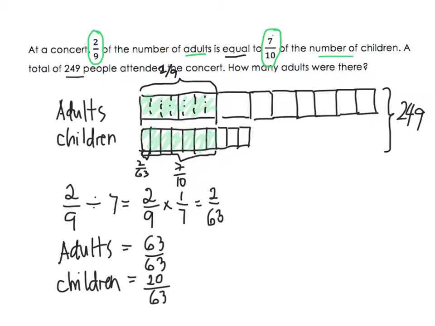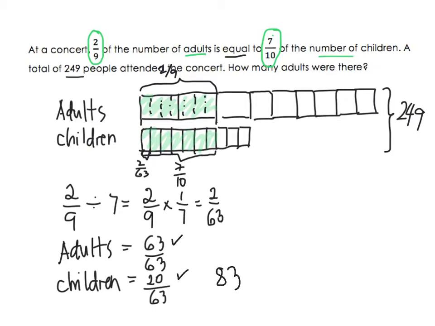Now we were able to represent the fraction of adults and the fraction of children into parts of the same size. So how many parts do we have altogether to represent the total number of concert people? There are 63 parts for adults and 20 parts for children. So if we're talking about everyone who attended the concert, we have a total of 83 parts.